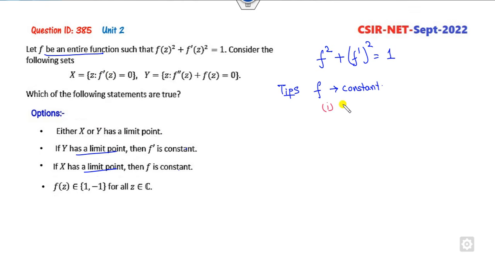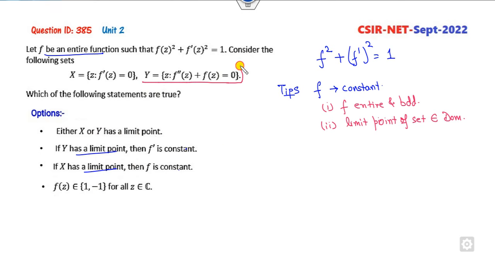The first is, if you prove that f is entire and bounded, then it's a constant. Otherwise you can prove that the limit point of the set belongs to the domain, then it's a constant by the identity theorem. So now here you can see, firstly x and y has a limit point, that's simple.